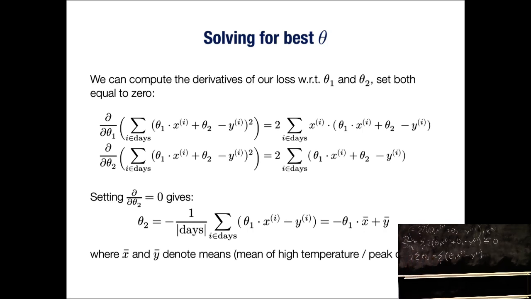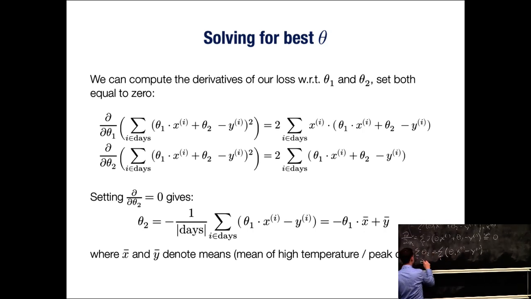Or in other words, theta 2 is just equal to the... because basically when I sum this over here, I just get m, or m is the number of examples I have, times theta 2.